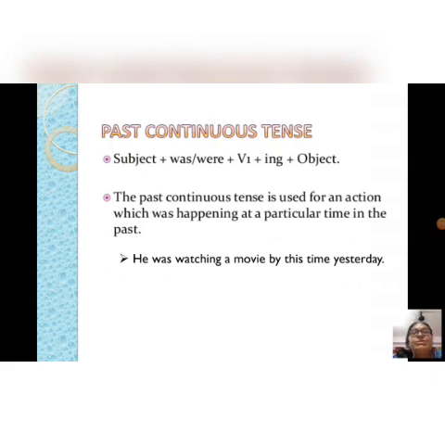Now see the structure of past continuous tense, how to frame sentences in past continuous tense. To write a sentence in past continuous, first of all we will write the subject, then was or were, then the ing form of the verb and then object. Now again here the question may come where to use was and where to use were.